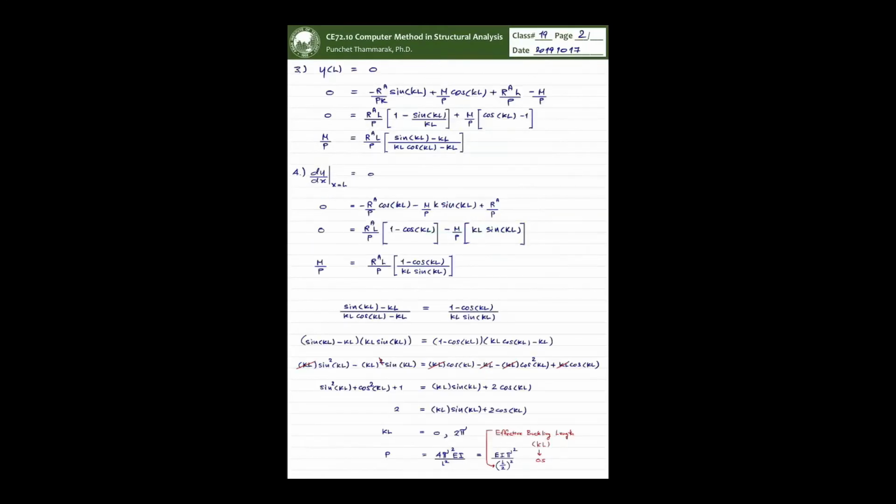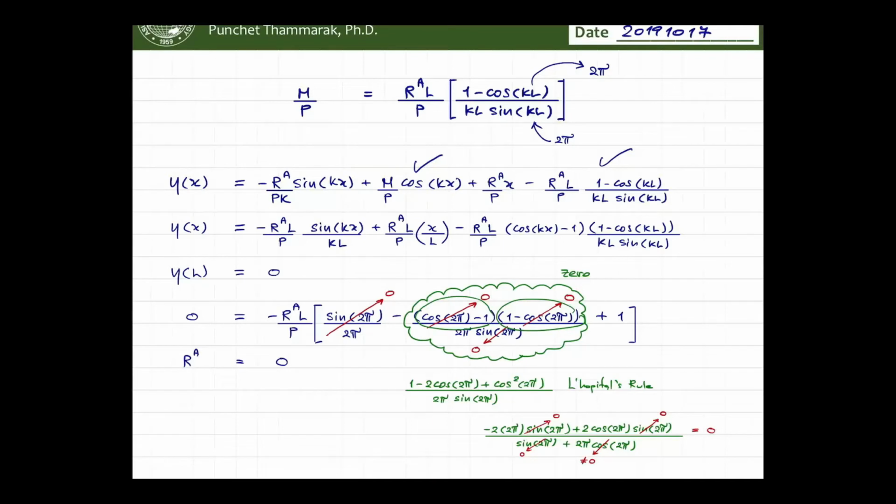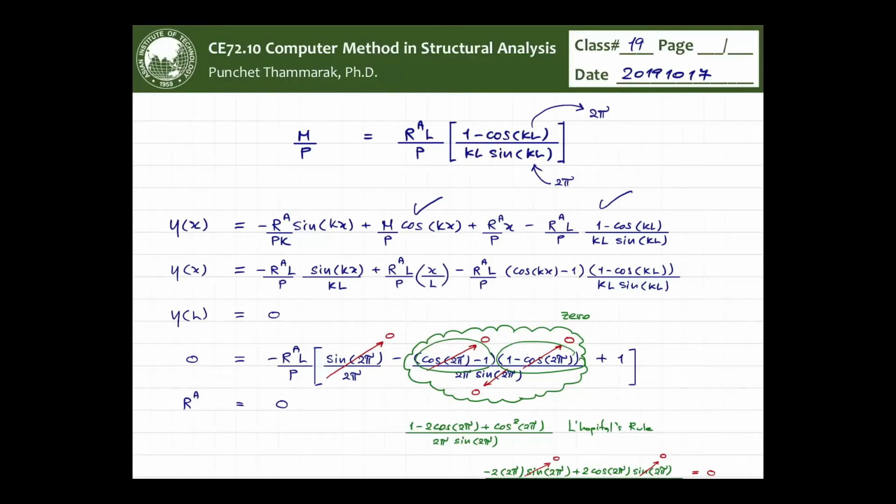I doubt what was wrong. At any point, you get Y in terms of M and RA. Okay, that's not a. And you plug in the KL value. Okay, right. And then what?